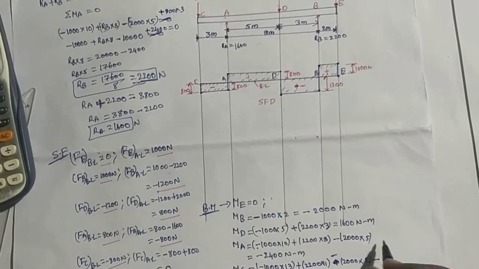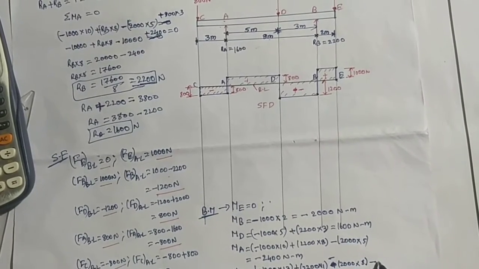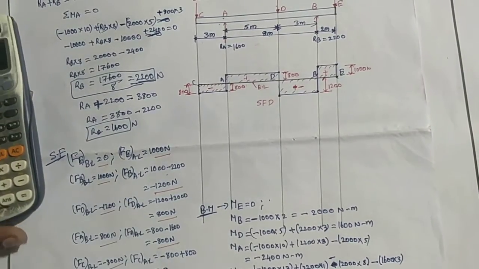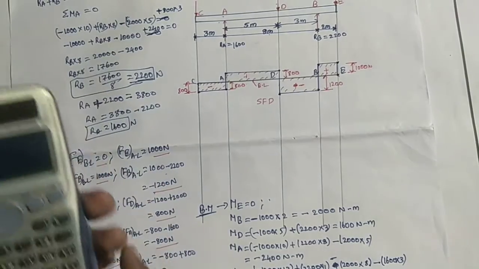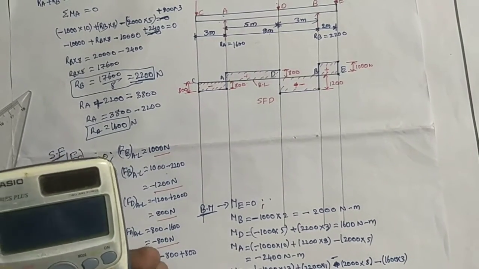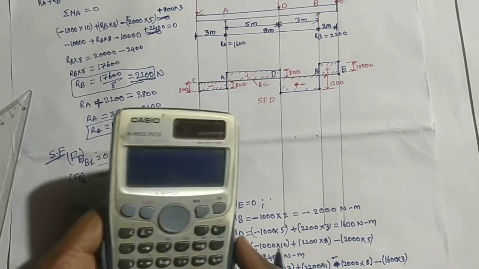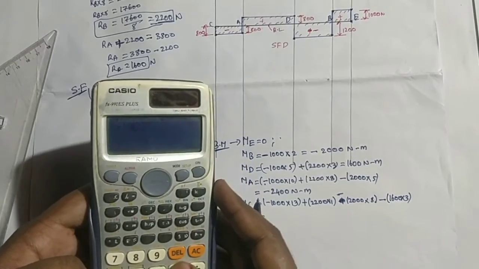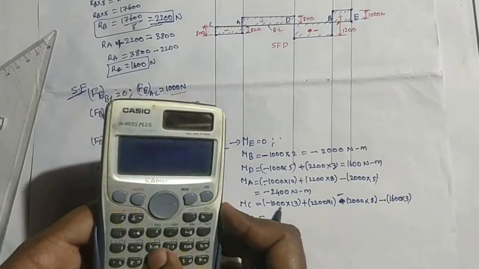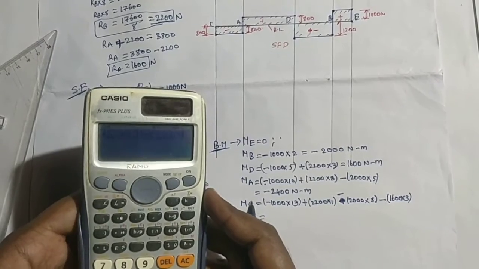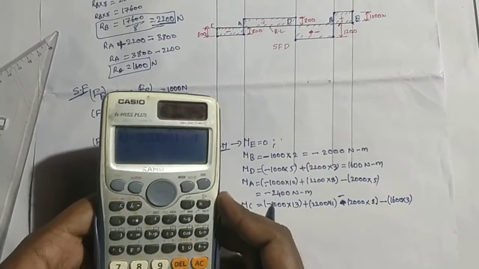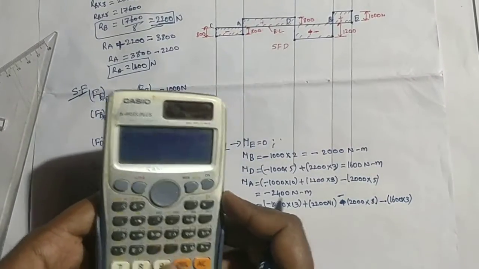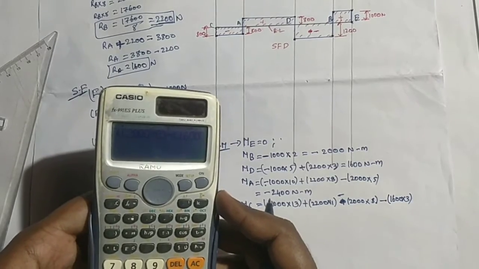Next at point A, the reaction force is acting anti-clockwise, so it is 1600 into 3.